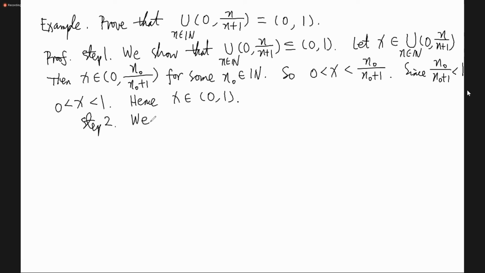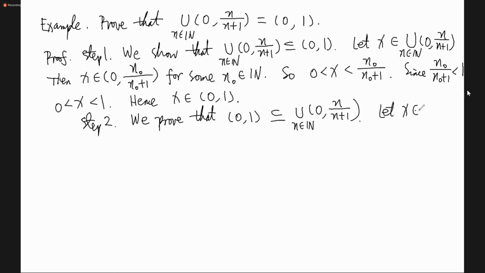We prove that (0, 1) is contained in the union of 0 to n over n plus 1 with n in N. So to prove this, we take an arbitrary element in the open interval (0, 1).